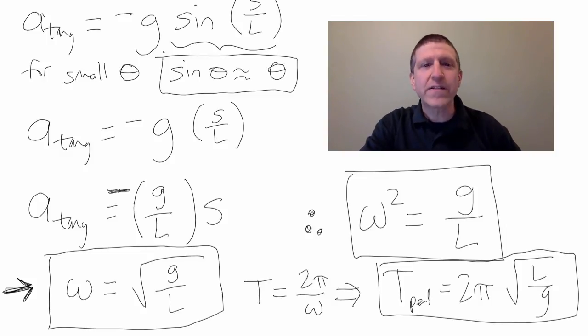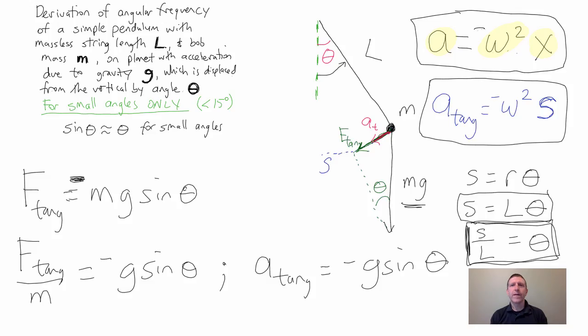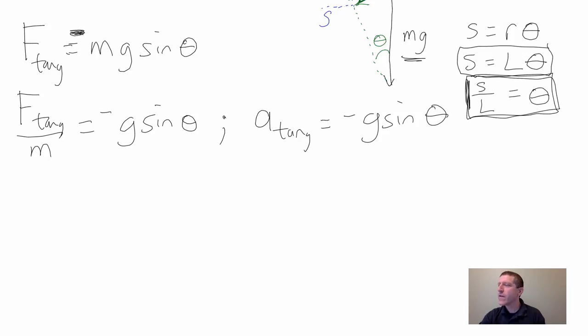I'm also going to prove this right now using calculus. Now, the calculus-based derivation is pretty much identical. On the AP Physics C exam, they really want you to write the acceleration as d squared s dt squared.